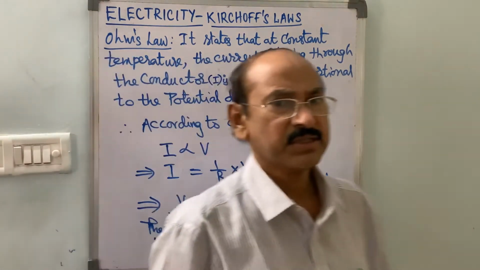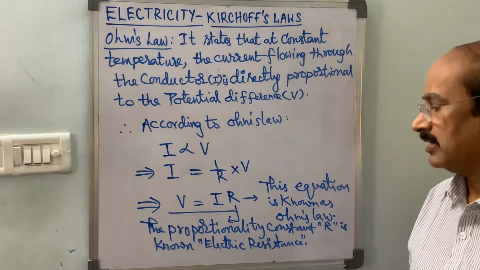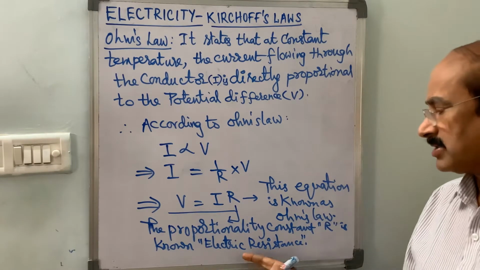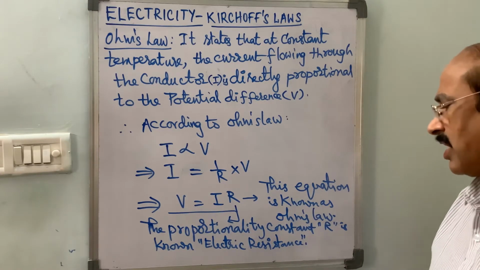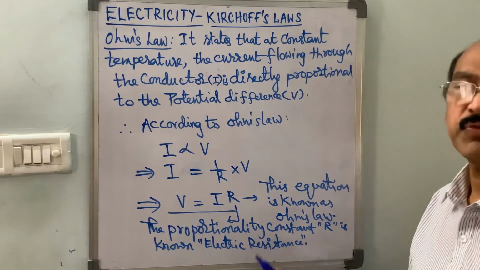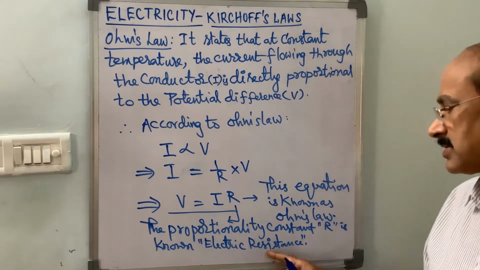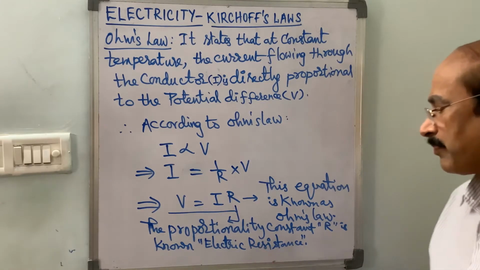When a person is climbing on a cycle, it acts like cycle brakes. So electric resistance offers a resistive force to the flow of electrons in the circuit. It is measured in terms of ohms.